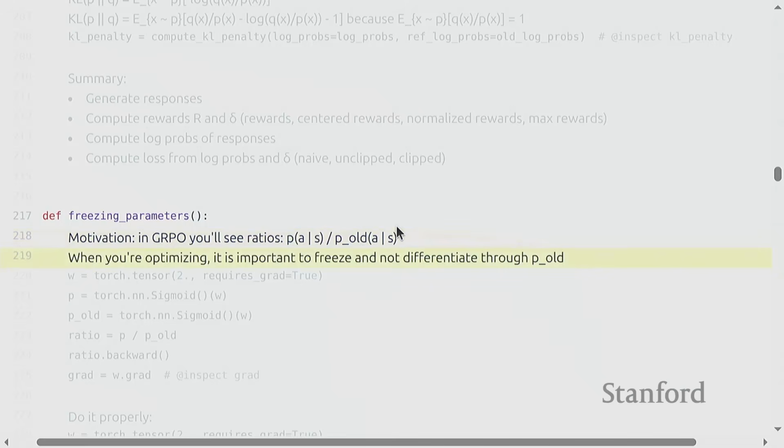And it's really important to remember to freeze and not differentiate through P old. So just to give you a toy example, suppose I have a single parameter W, and that drives both the probability, think about this as a policy, and also an old value, which in this particular iteration is just the same thing.